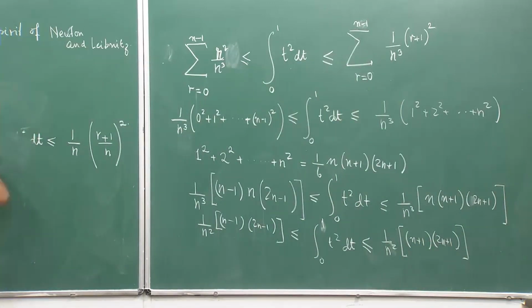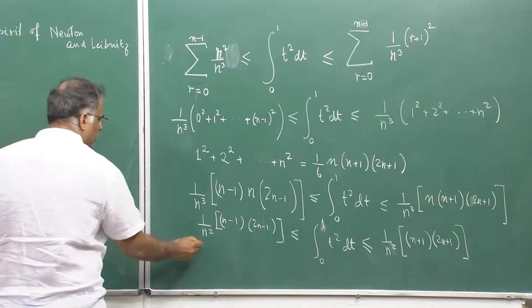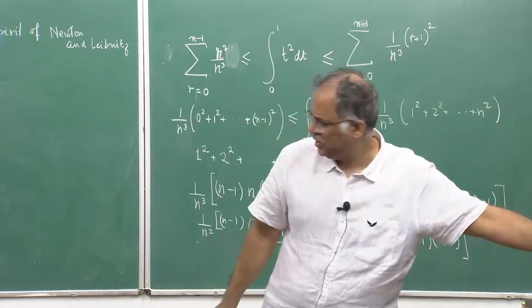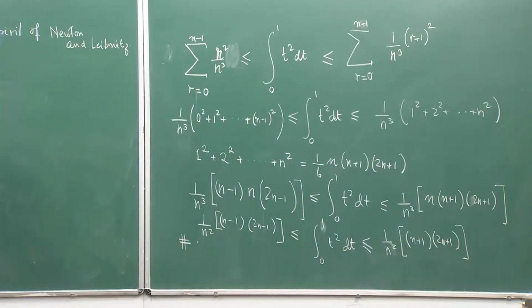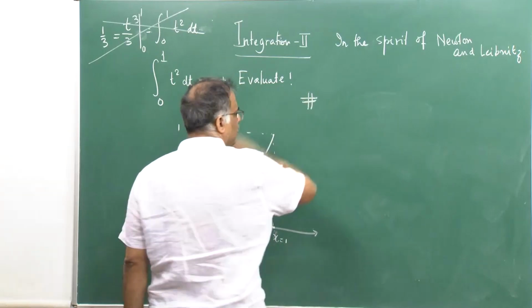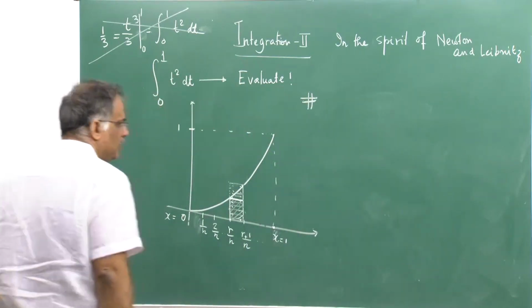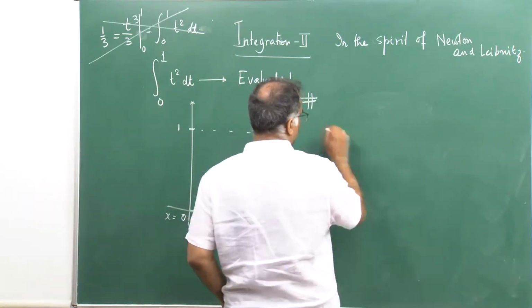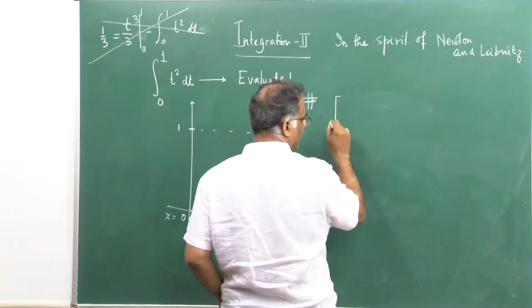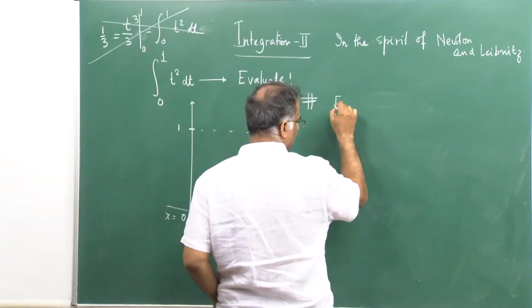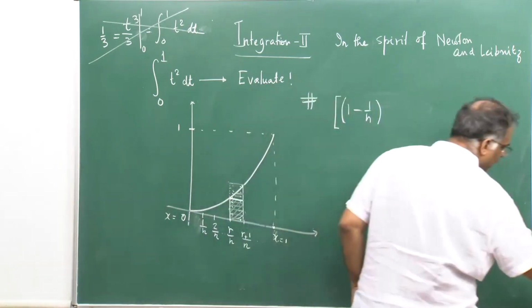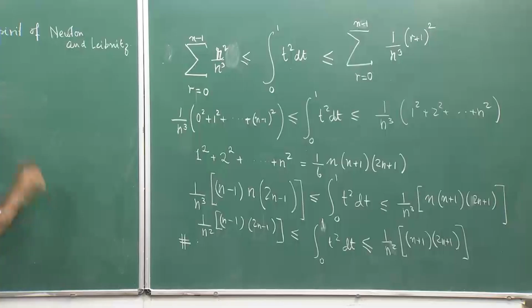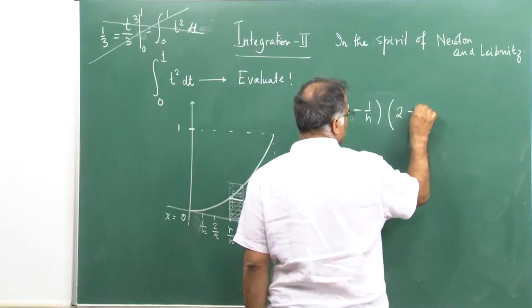So now we are coming again from here. From here, if I just give a hashtag, this language is understood by everyone, hashtag. So here, if I divide by n, I will have 1 minus 1 by n, and then 2 minus 1 by n.